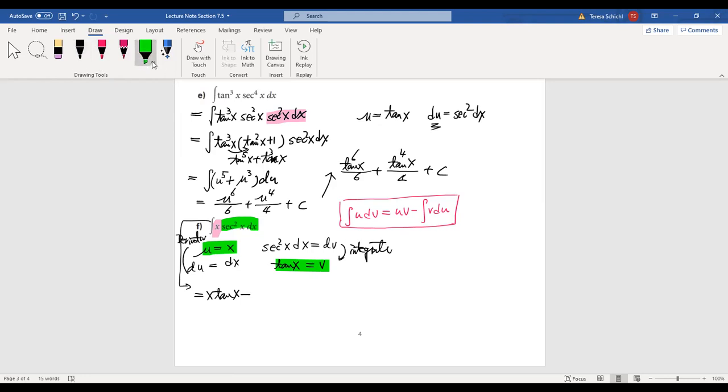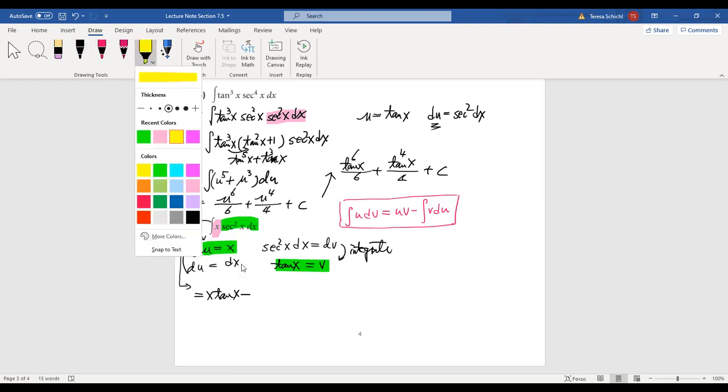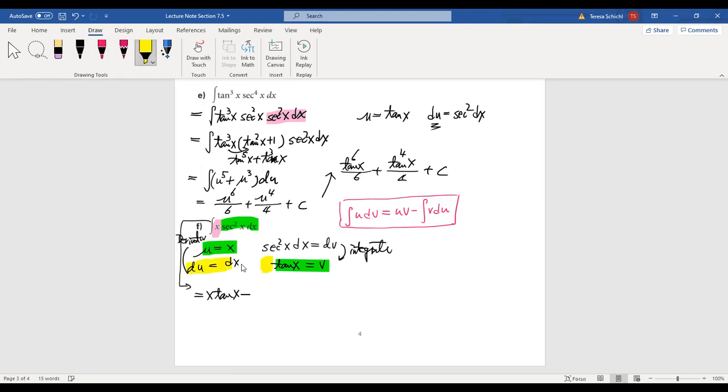All right, so this part will be x tangent x minus, right? Minus v du here. So minus the v, so it's tangent x, and du is dx. So do you remember? So this is x tangent x.